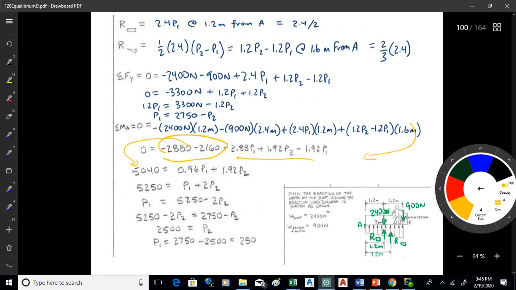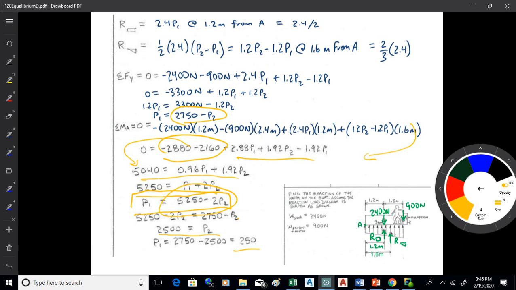I collect terms on the letters. Then I'm going to divide through by 0.96, and my goal here is to get an expression for P1. I get it down to there. Then I've got two expressions for P1, so I set them equal. Solve for P2, back solve in, and solve for P1.